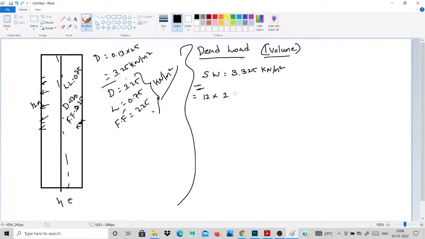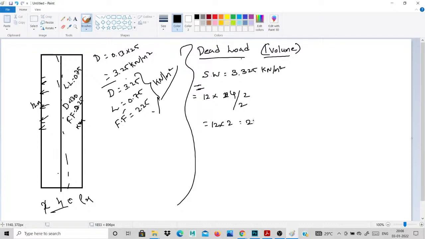Here 12 is the length, and the distance Lx is 4, but I take 2 because it is only half of the load. If you did not understand, simply take 4 by 2, which is 2. So 12 into 2 is 24.